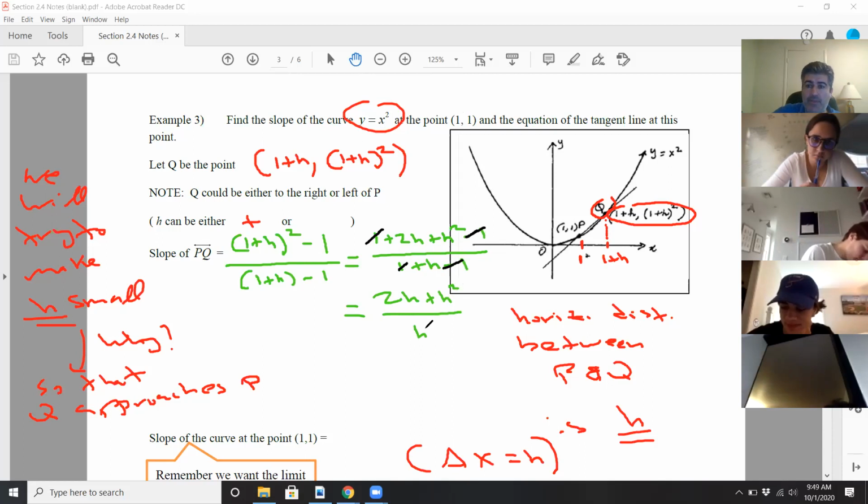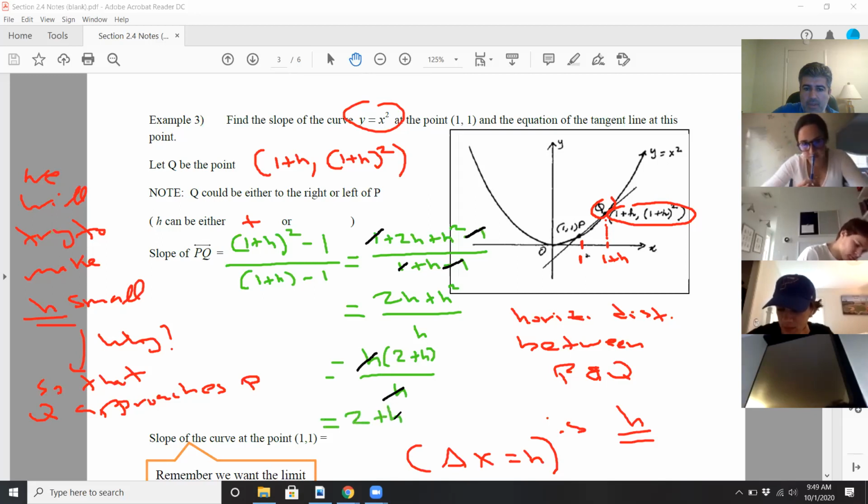Can I simplify further? Sure. Pull out h: 2 plus h. And you have h down below. Can I cross this off? Absolutely. So now we get 2 plus h.